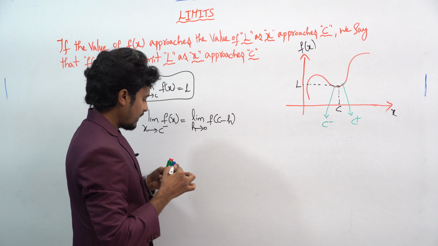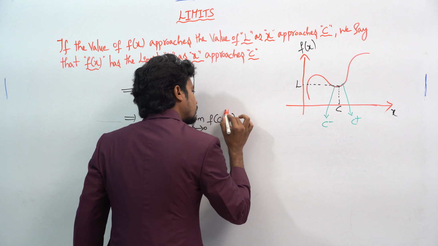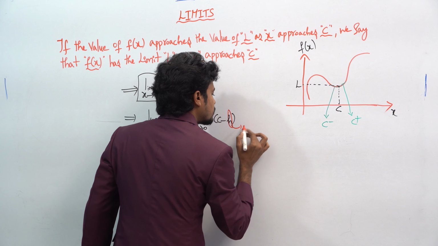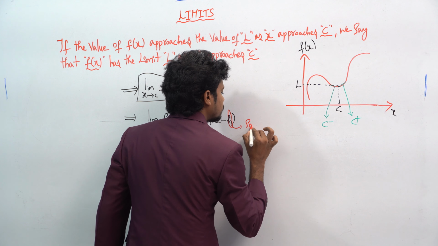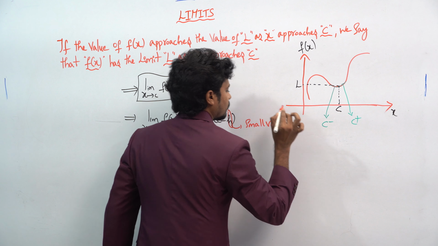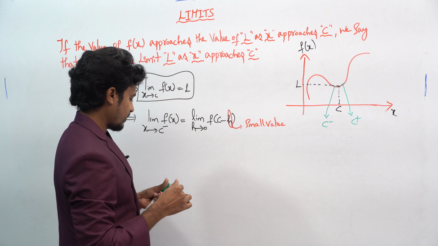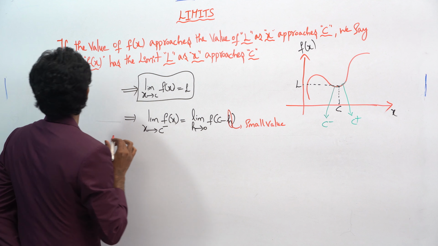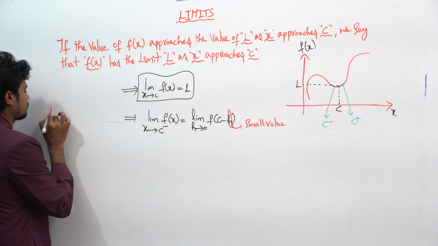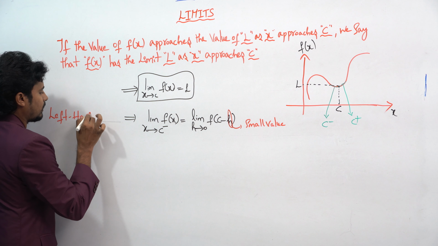Here h is a small value. This is for the left hand limit.